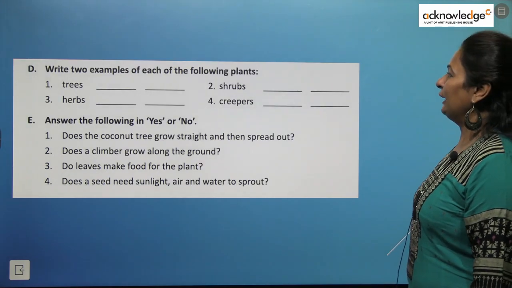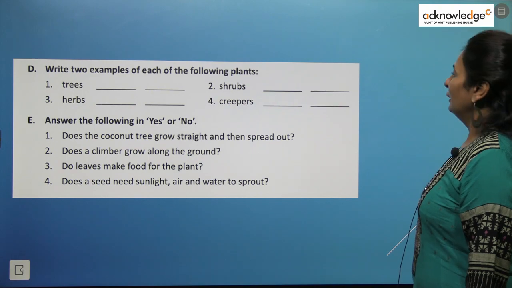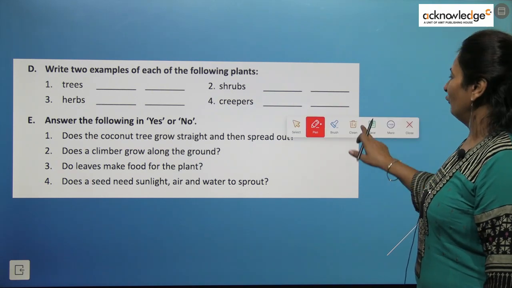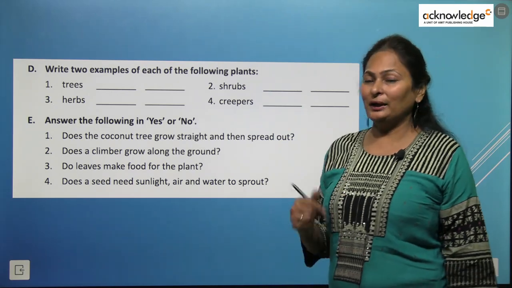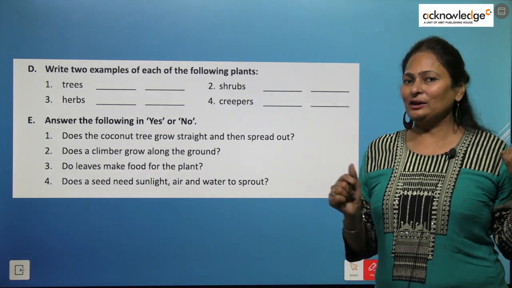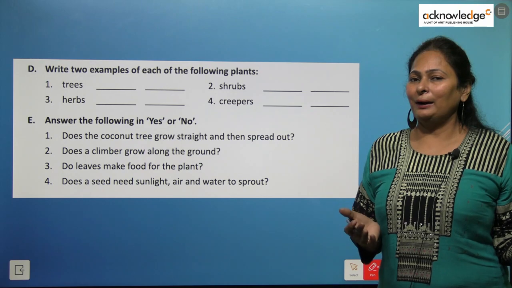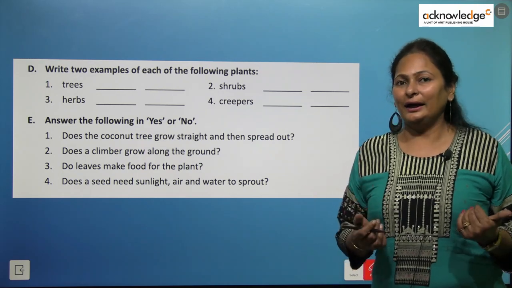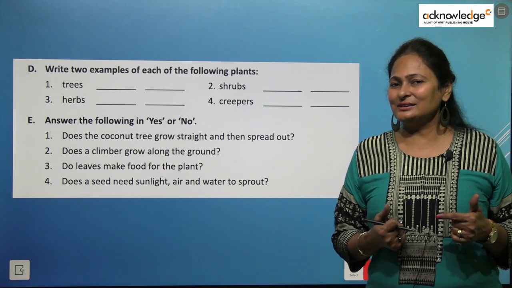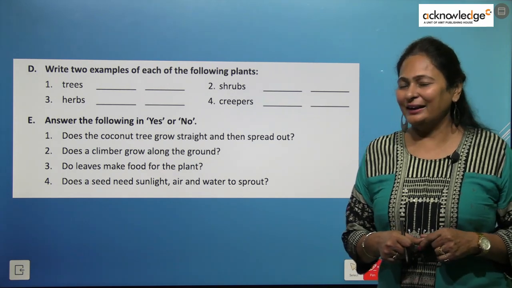Next question, write 2 examples of each of the following plants. Trees. We have discussed so many trees: coconut, palm tree, banyan tree, apple tree, mango tree, right? Banyan tree is the national tree of India, right?